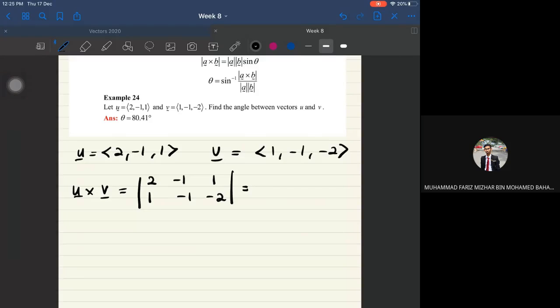Apa jawapan untuk cross product between U and V? What do you get?